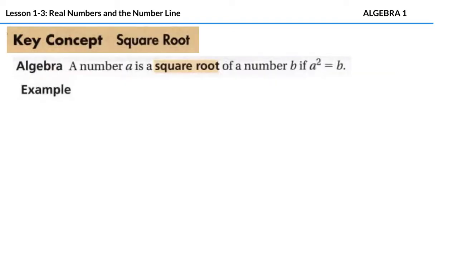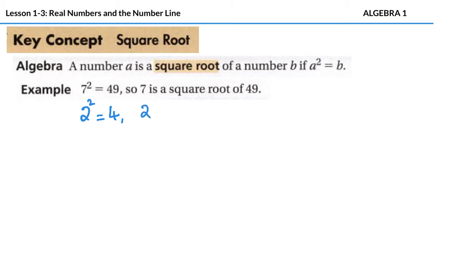Now let's try to understand this key concept of square roots. A number a is a square root of a number b if a squared is equal to b. For example, 7 squared is equal to 49, so 7 is a square root of 49. Let's try a few. 2 squared is equal to 4, so 2 is the square root of 4.